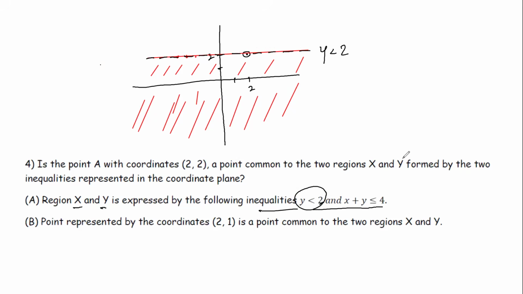And x plus y lesser than or equal to 4. I'll write it in y is equal to mx plus c form. So y is equal to negative x plus 4. First I draw this line and then I'll talk about the inequality part. Negative x plus 4 is a line with y-intercept 4 and a negative 1 slope.